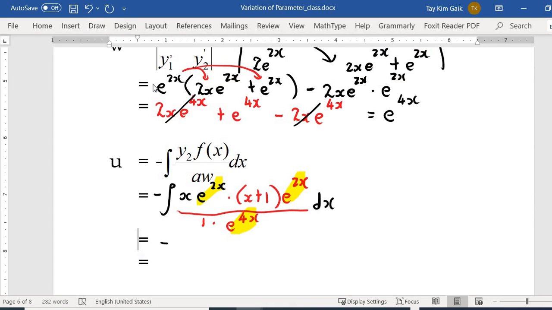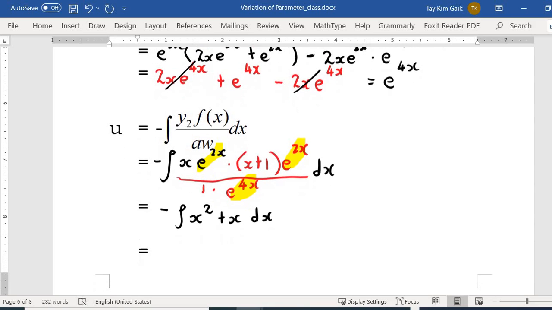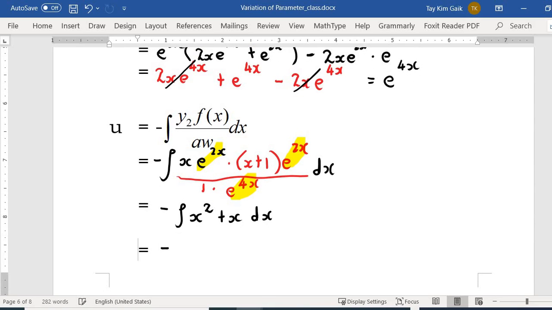So you have the integral of x, and then x multiply x plus 1 will give x squared plus x dx. So this is only a simple integration. You integrate x squared to have x cubed over 3.